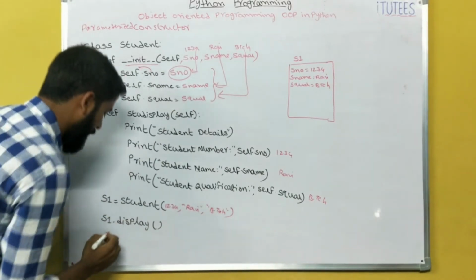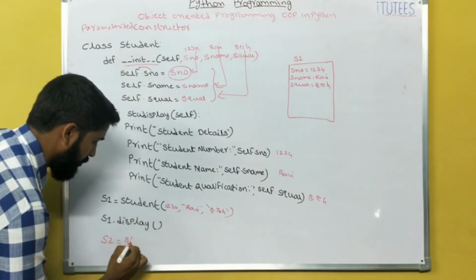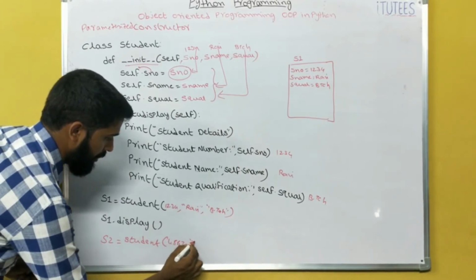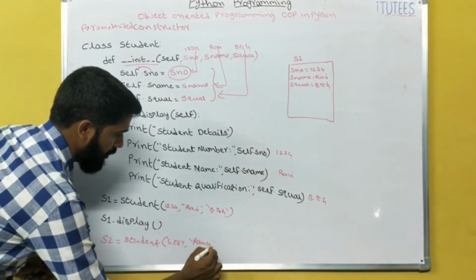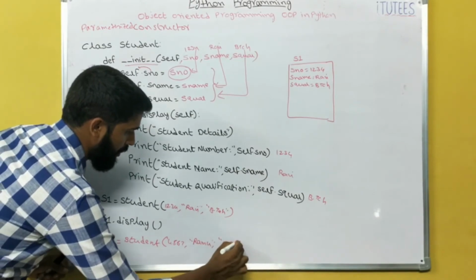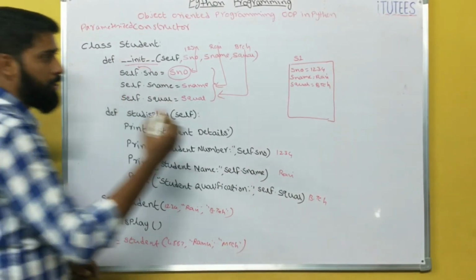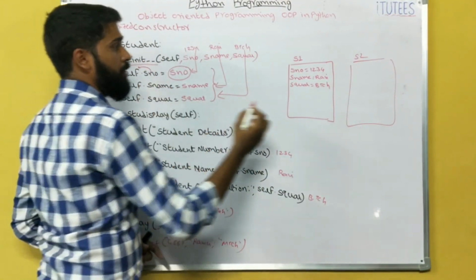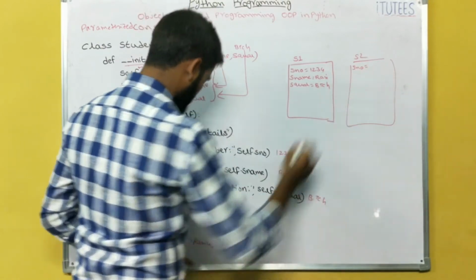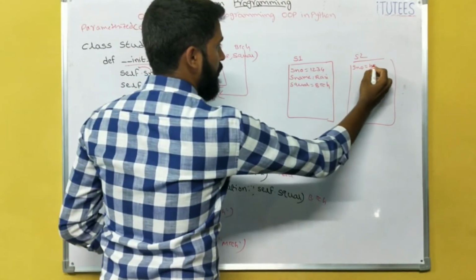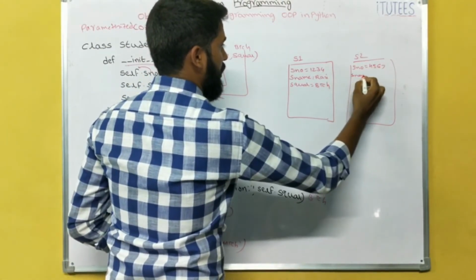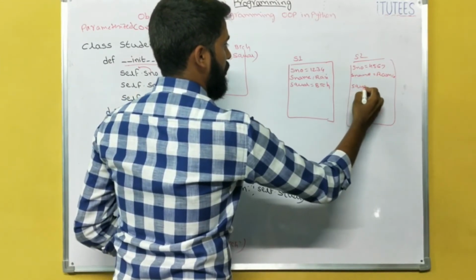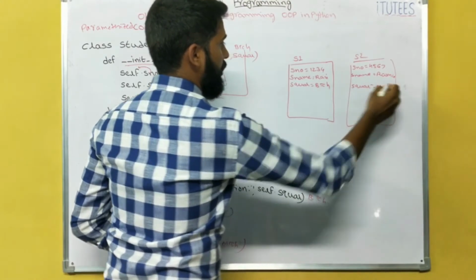If I create another object, s2 equals Student(4567, Ramu, MTech), another object is created and the constructor is invoked, with sno equal to 4567, sname equal to Ramu, and squalification equal to MTech.